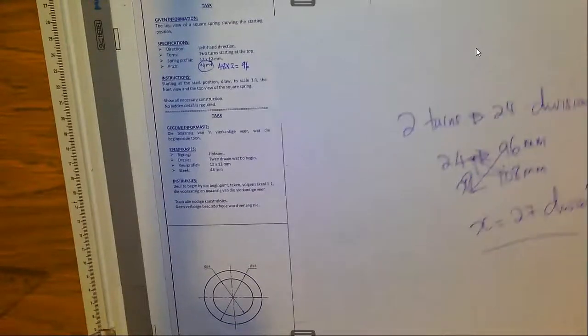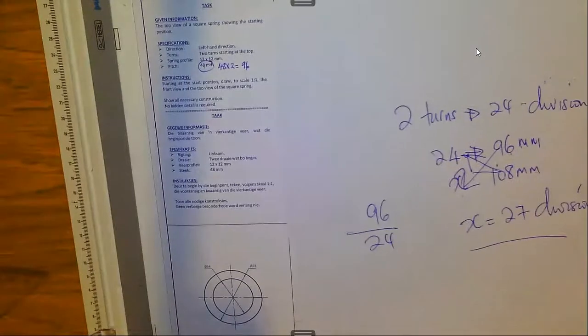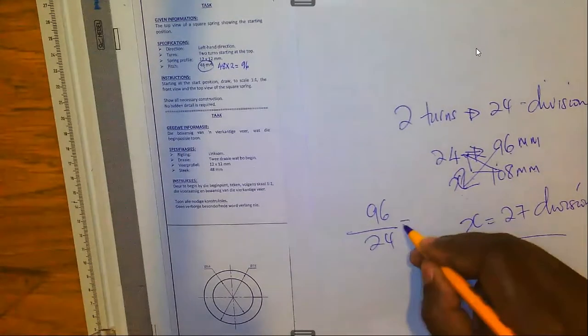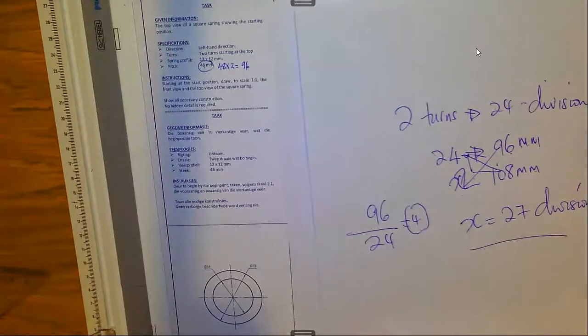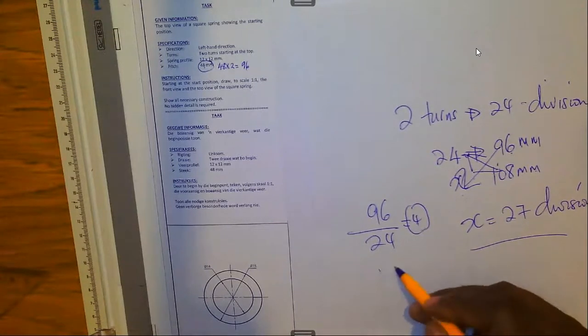The other option, you can say 96 divided by 24. So 96 divided by 24, you get each division is equal to 4 millimeters in terms of the spacing, okay? So how many of these 4 millimeters would get into the additional 12 millimeters?